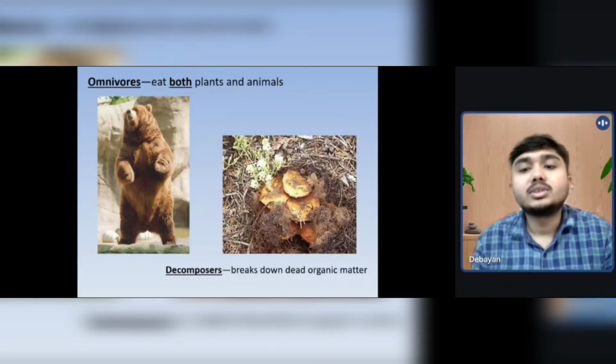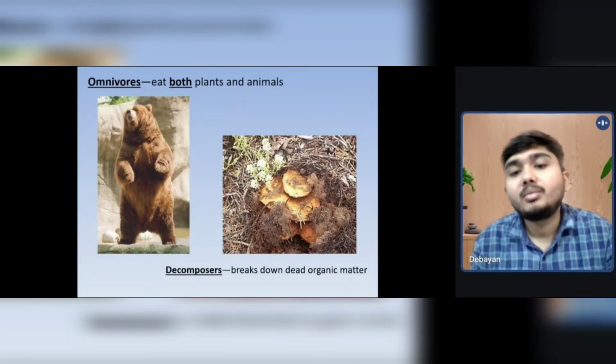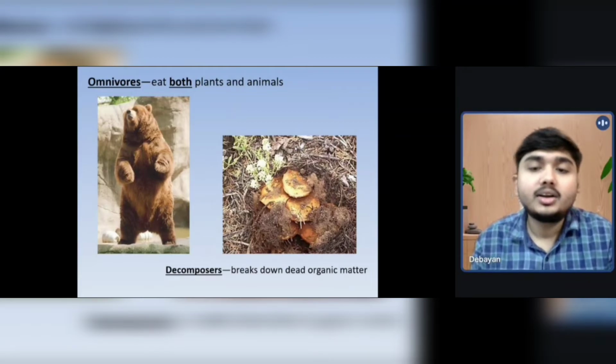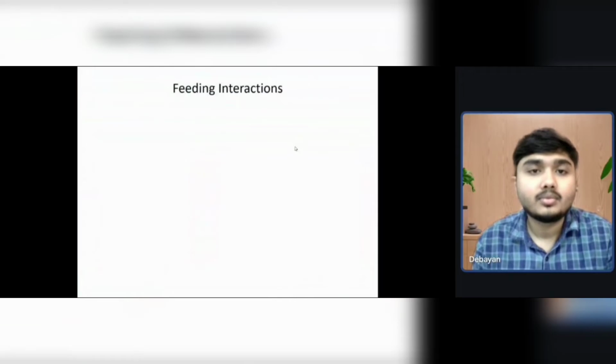Now the decomposers. Decomposers are bacteria or some viruses that break down dead organic matter. After death, the decomposers decompose the dead body. Dead body means a dead tree or a dead animal. They grow on it and decompose it.